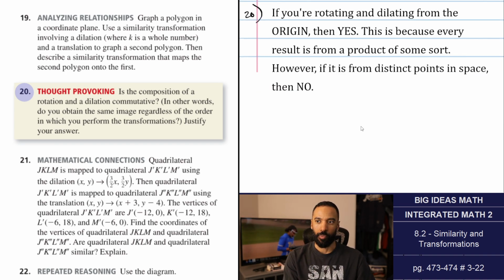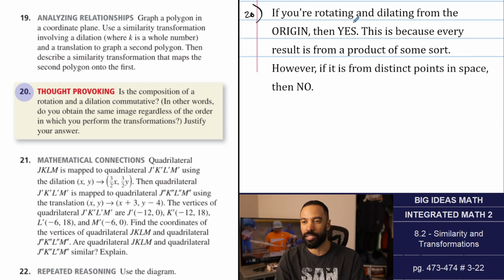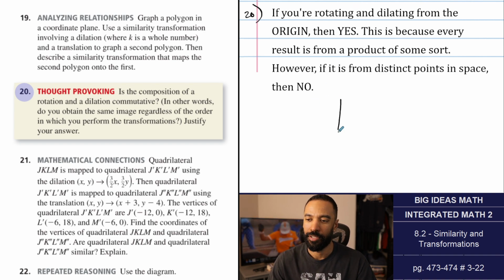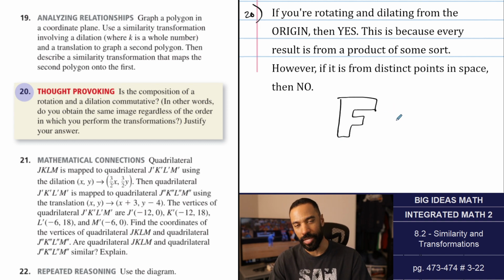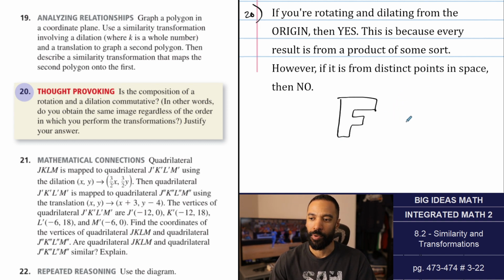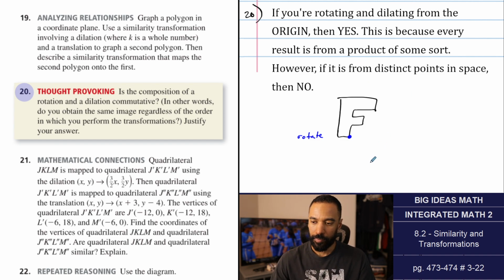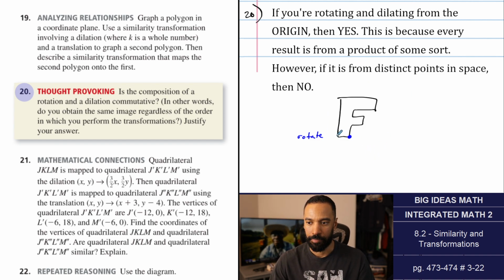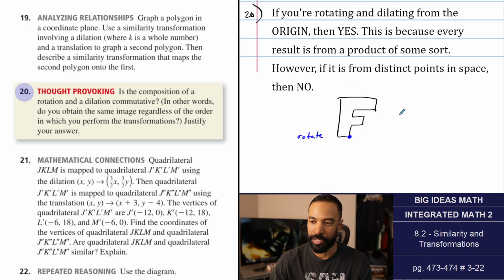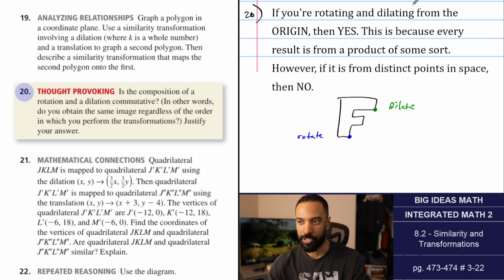This is just because of what you're doing something with. I always like to take something like the letter F and do something with it. Let's have a distinct place where we're going to do a rotation and a dilation. I want to rotate here, and then I'll dilate here. I don't know if any of this is going to work right.